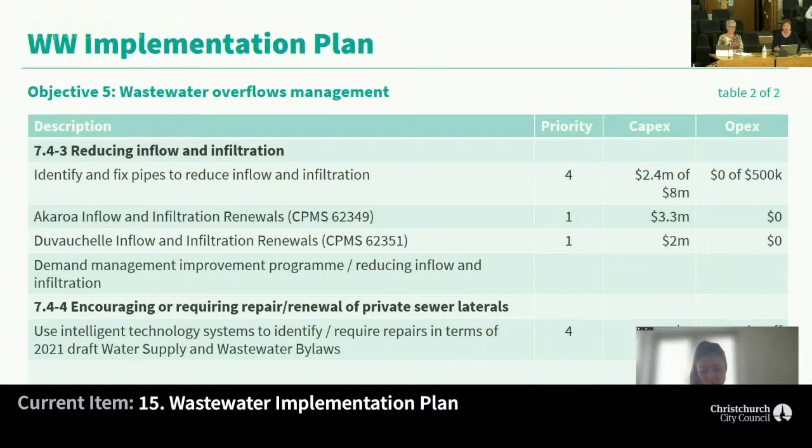If we had to follow that approach throughout the city, we certainly don't have that level of funding. What we're doing now is prioritizing catchments, understanding from our modelling which catchments do have higher I&I, and using what we have to investigate further and target our efforts on those catchments. So we are combining a lot of what we already have to deliver that. But we can't yet say how much more would be needed.